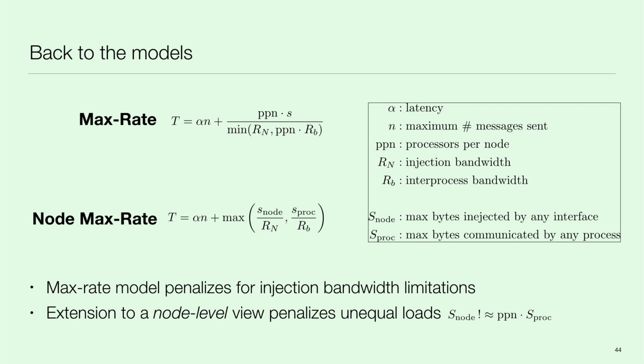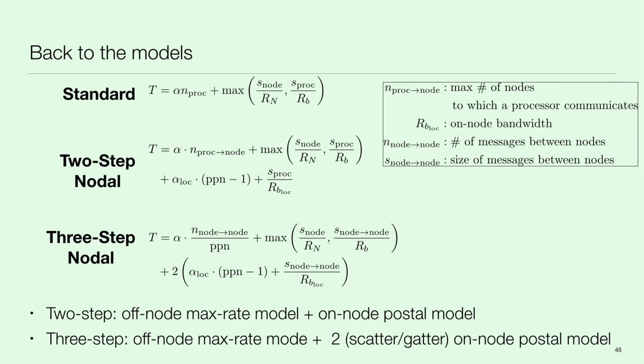And if all of those are in balance, if we have the maximum number of bytes injected by any interface equal to the processors per node times the number of bytes communicated by any process, it falls back to the max rate model. And if we have a low number of processing cores per node, it backs out to the postal model.